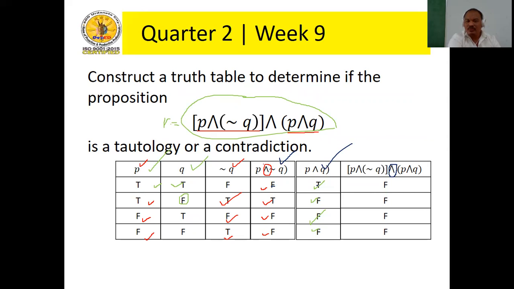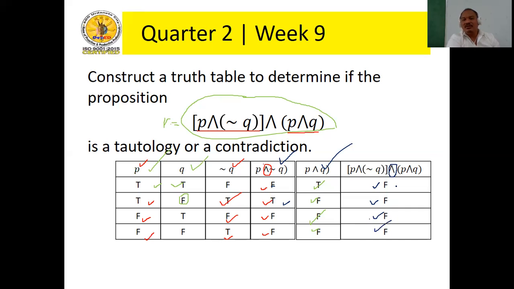False and true becomes false, because conjunction says if both of them are true, then the statement will become true. Otherwise, it becomes false. True, false becomes false. Then both of them are false, so we have false and false.